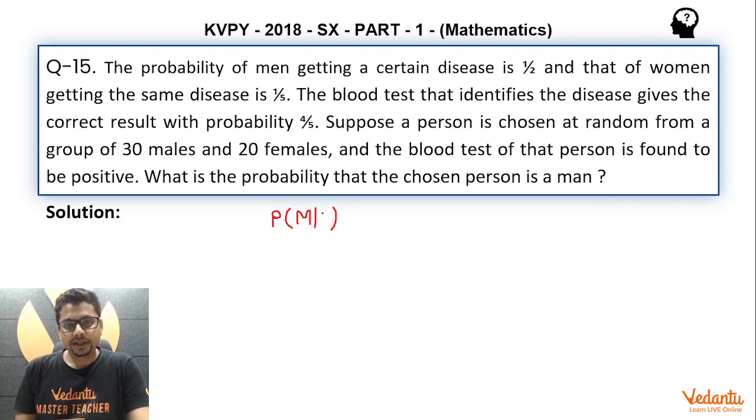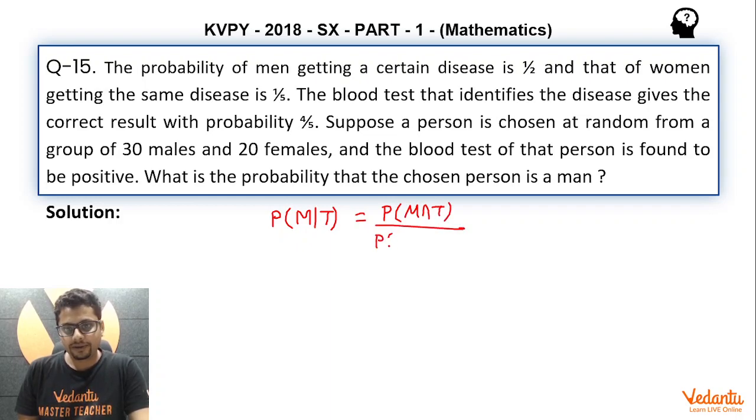To avoid confusion, let's take the event of the test coming positive to be T, because P we are using for probability. So what we want is the probability that the person is male given that he is tested positive. Using a basic of conditional probability, you may write like this.